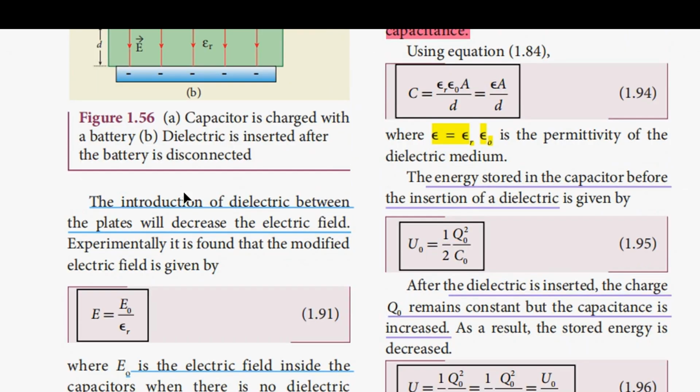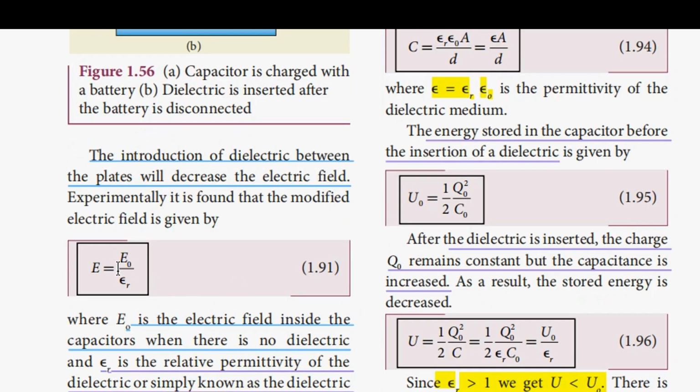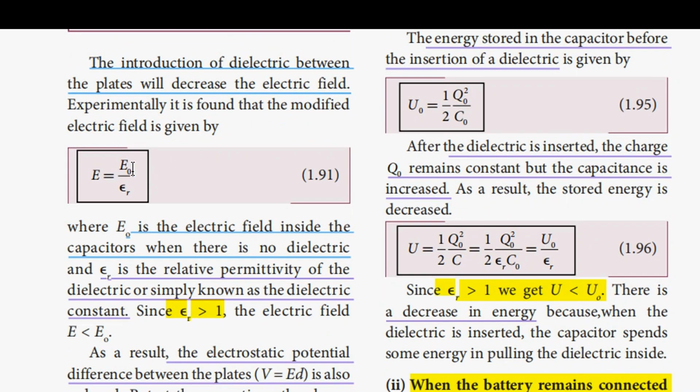The introduction of the dielectric between the plates will decrease the electric field. Experimentally, it is found that the modified electric field is given by E equal to E0 by epsilon r, where E0 is the electric field inside the capacitor when there is no dielectric, and epsilon r is the relative permittivity of the dielectric, or simply the dielectric constant.